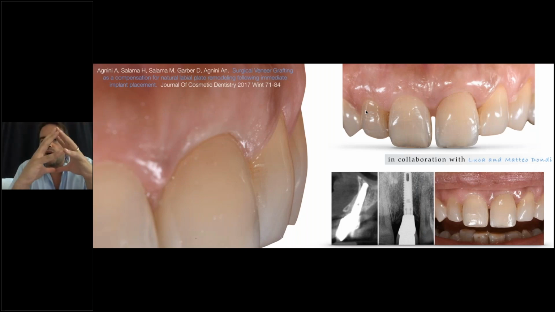Of course, we can finalize the restoration under a completely digital workflow, but without forgetting that the traditional background is of great importance, because the traditional background really plans the case. The 3D planning gives us the opportunity to decide where to place the implant.